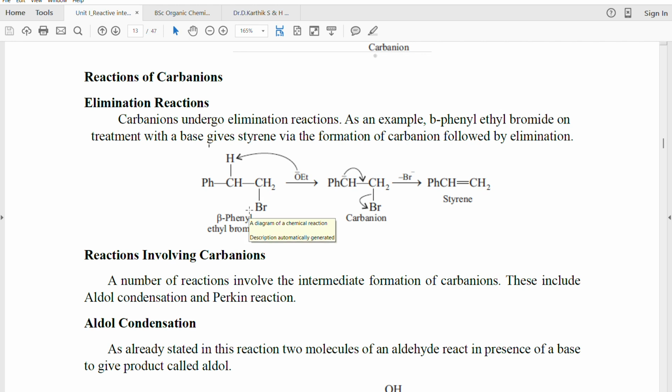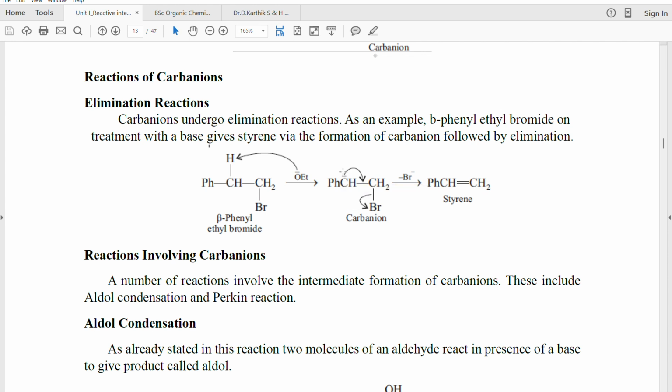So here we have a halogen, and near to that is the alpha carbon. The functional group is bromo here, so alpha to the carbon carrying the functional group, the base will remove the proton. Once the base removes the proton from the alpha carbon, it produces the carbanion.